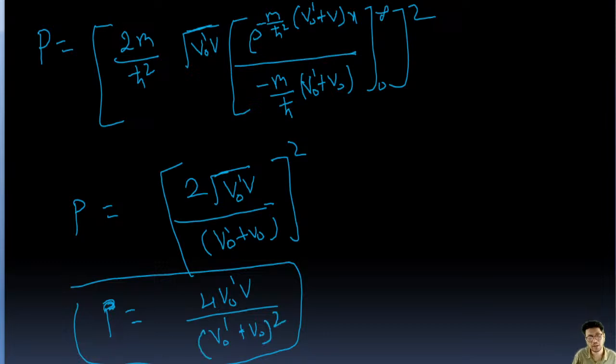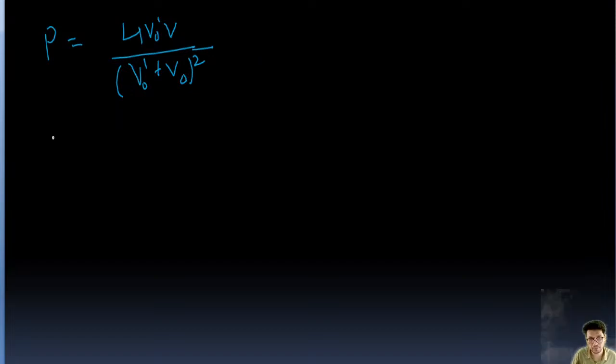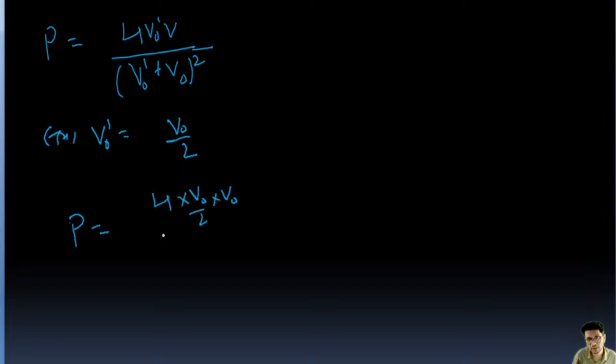So for example, if v naught dash is given as v naught by 2, in that case the probability is going to be 4 into v naught by 2 into v naught upon v naught dash plus v naught, in place of v naught dash we'll write v naught by 2, right. So this is going to be v naught by 2 plus v naught whole square, okay, and when we solve it, we are going to get 8 by 9, okay.